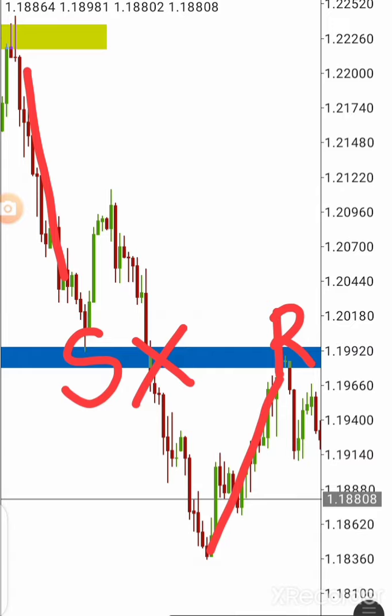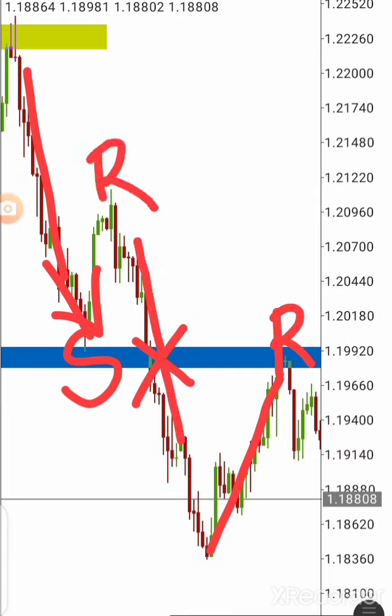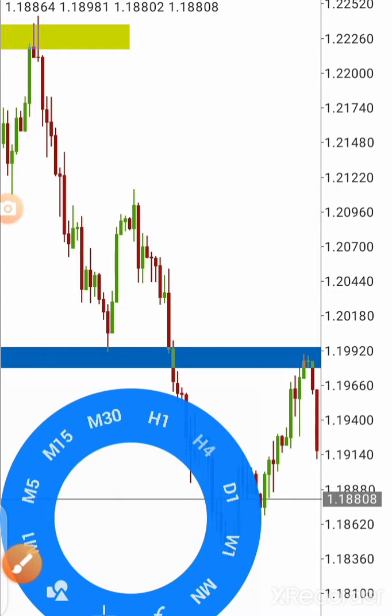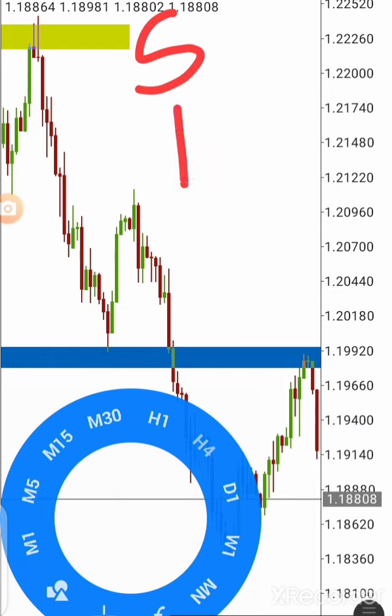Don't forget, there was a bounce here that made the support, and here was a resistance. And after this breakthrough here, this pullback to the former support made it a new resistance. So this is what we mean by support turned resistance.